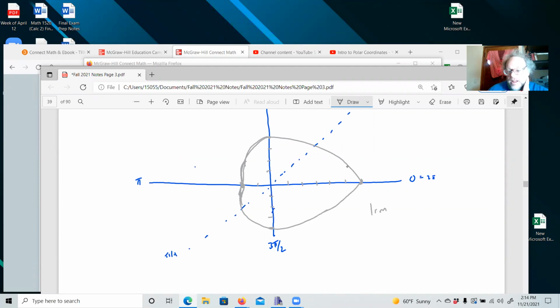It's called a limacon. I don't know which language limacon comes from. We were just told it kind of looks like a lima bean. It's supposed to be rounder, with a dimple in here.